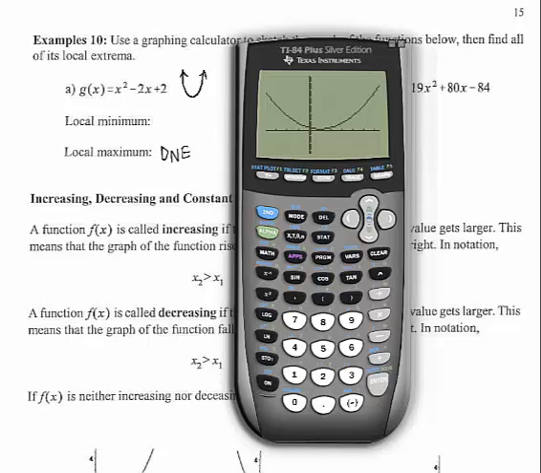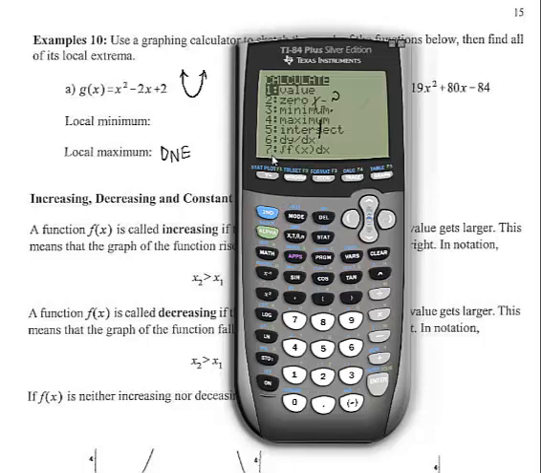Now for my minimum, if I want an accurate value for this location, I can use the calculate function of my graph. I hit second, trace, which brings up my calculate menu.